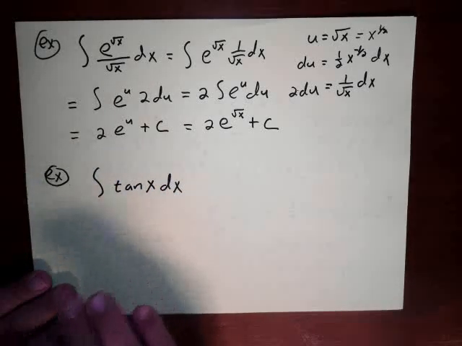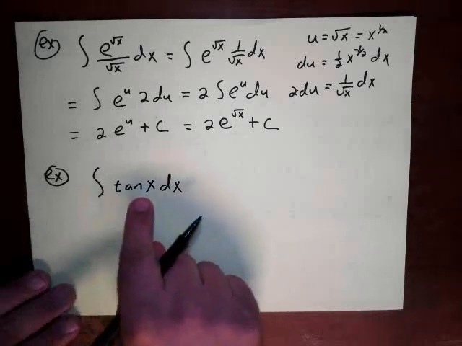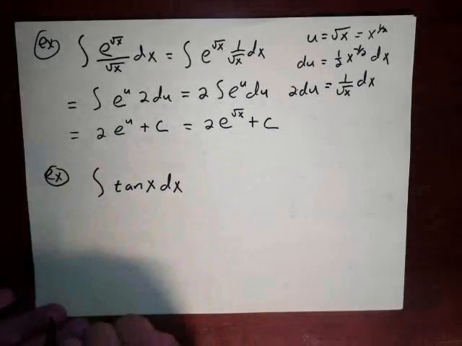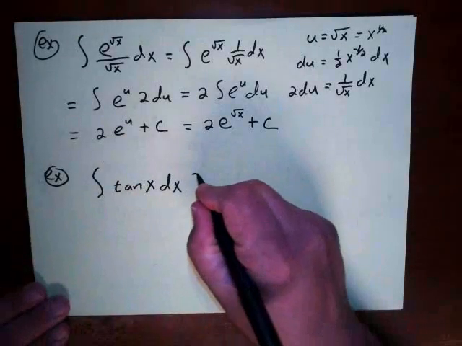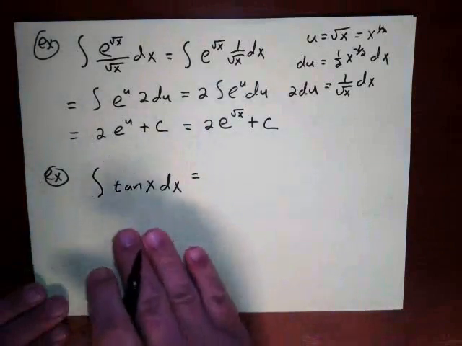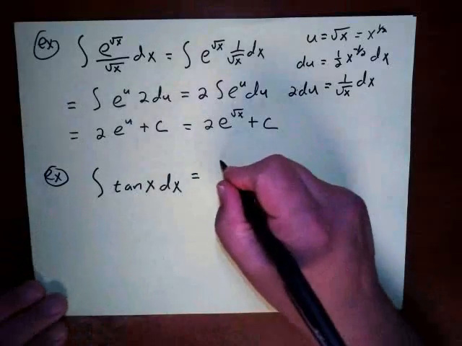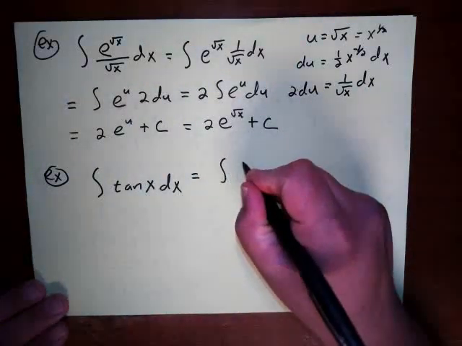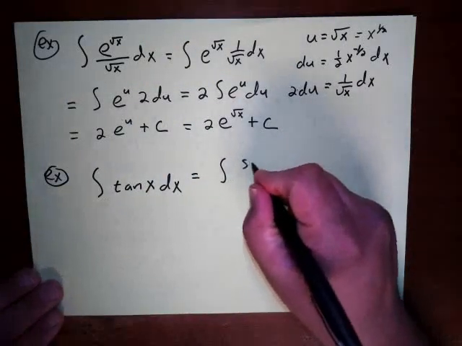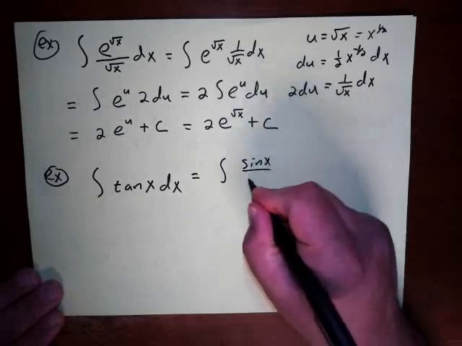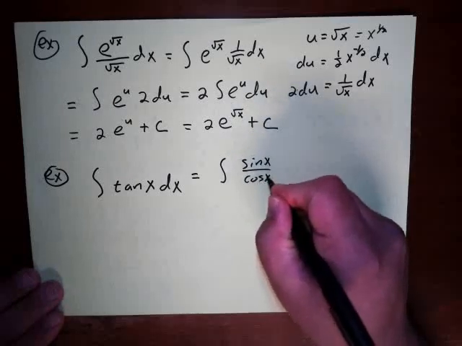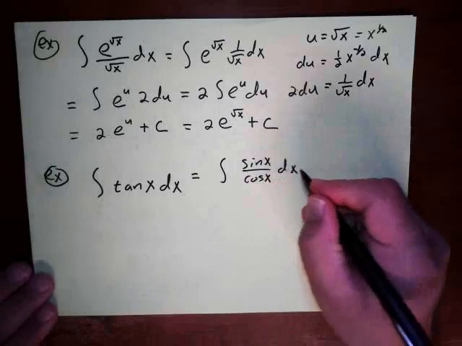So what we're going to do is use substitution to actually find the antiderivative of tangent of x. And the way that I do this is, let me rewrite tangent of x as the sine of x over the cosine of x dx.